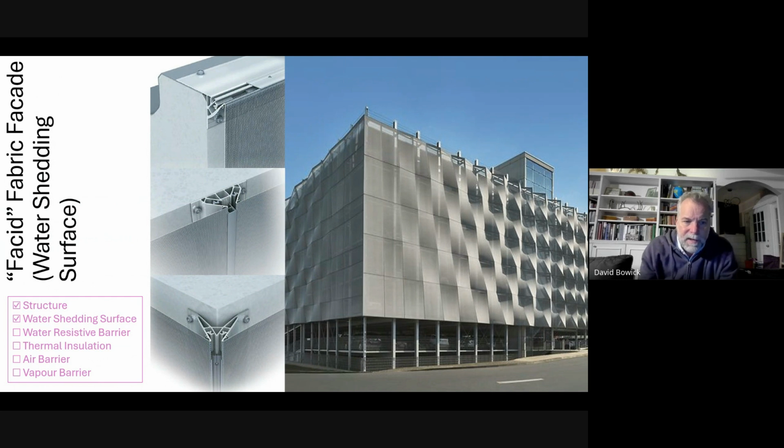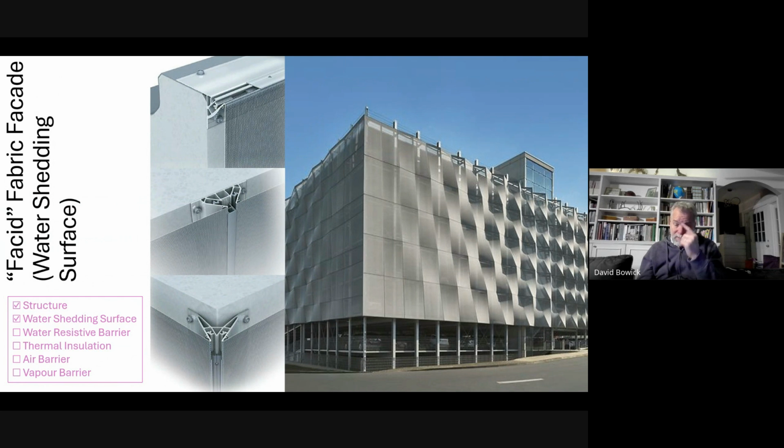This is a system called Facet. This is a water shedding fabric. This can be used on all kinds of buildings. This particular example is a parking garage where it's used in a single layer. It's structure and water shedding surface, but nothing else. And in fact, I mentioned that most structural fabrics are a woven scrim of a high strength polymer, polyester generally, with a coating that makes it waterproof.